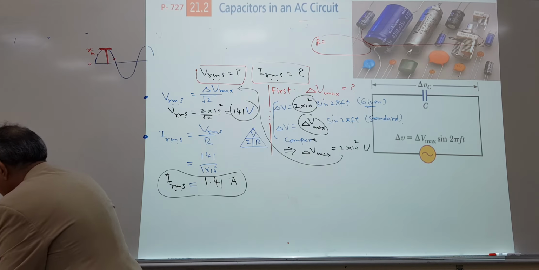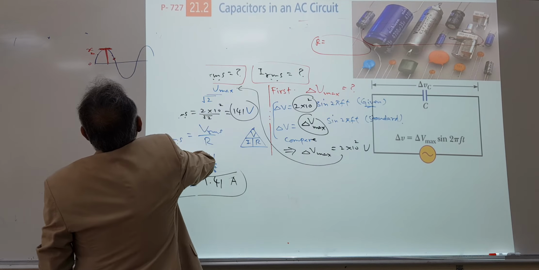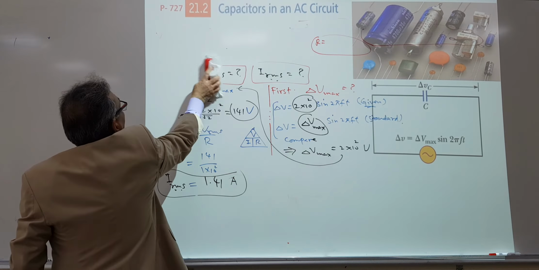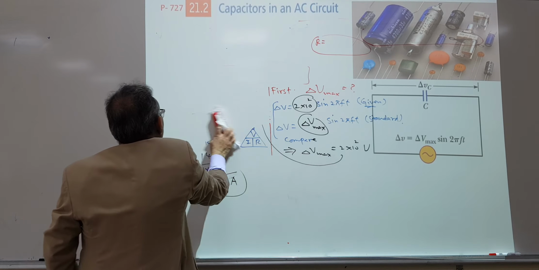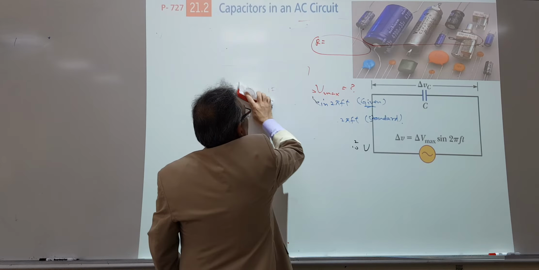Next, as I told you, one by one we'll be going to discuss. Now we have the second element. First we just finished the resistor connected with an AC source.